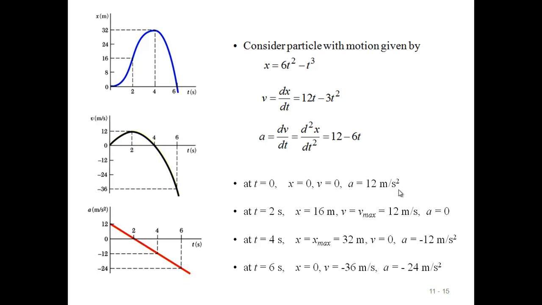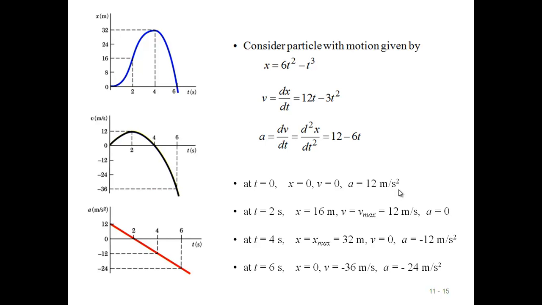So the particle is accelerating and moves in the negative direction with increasing speed. Please take a note of this. It's very important. The particle has reached the maximum value with respect to position coordinate, but if you see the velocity and acceleration, the velocity is 0, but the acceleration is negative.